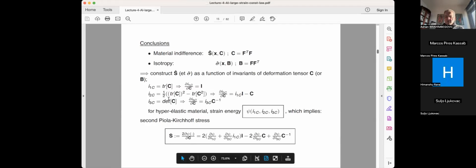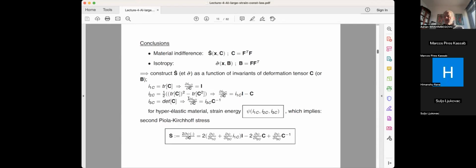If you go through this development, and I think you have it in sufficient detail in the book, you can basically write that the first invariant is simply the trace of C, and the second invariant is the trace of C squared minus the trace of C squared, which is not the same thing. You first multiply C by C, and then you compute the trace.